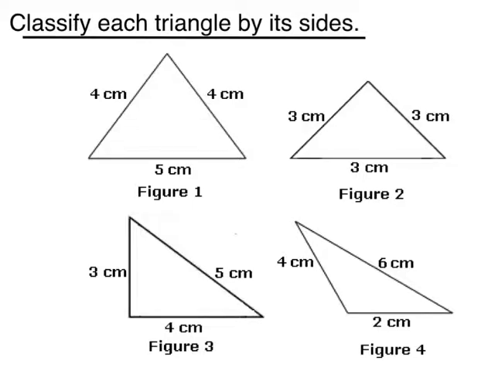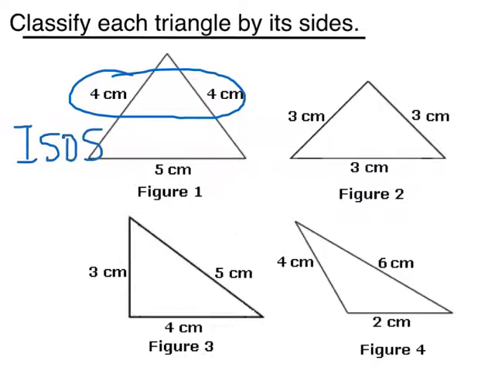Alright, we're going to classify each triangle by its sides. So for the last three that we've been doing, it's either going to be equilateral, isosceles, or scalene. Let's look at the first one. We have two congruent numbers, so this is going to be isosceles. I'm just going to abbreviate it. Alright, let's look at the second one. We have three congruent sides here, 3, 3, and 3, so this will be equilateral.